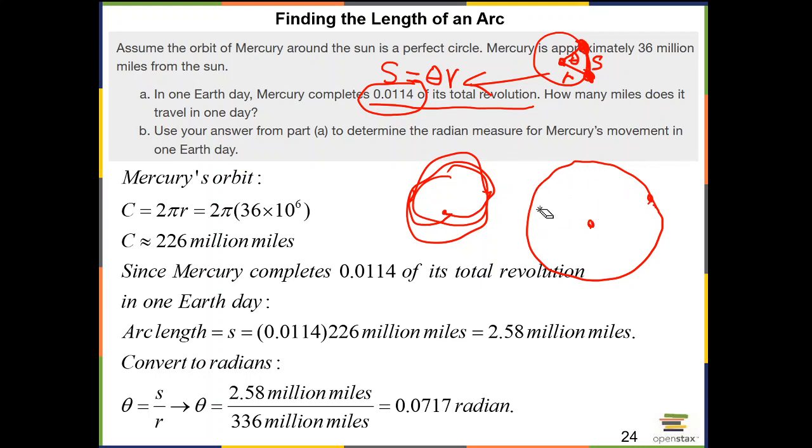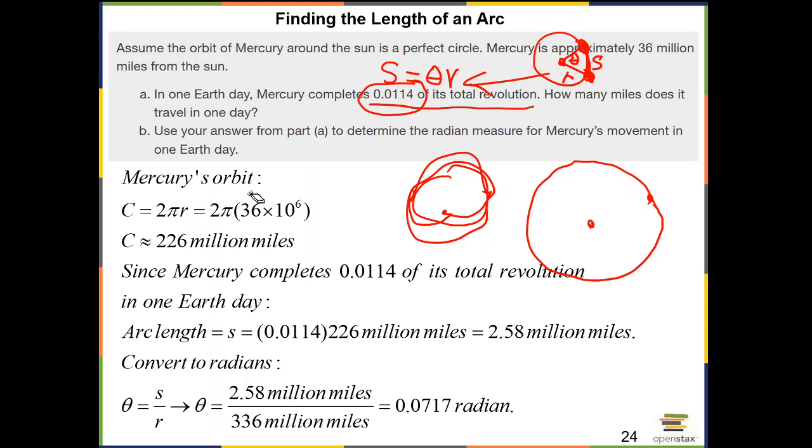That's not going around the sun, it's actually rotating, right? So how many miles does it travel in 1 day? So use your answer from part A to determine the radian measure for Mercury's movement in 1 Earth day.